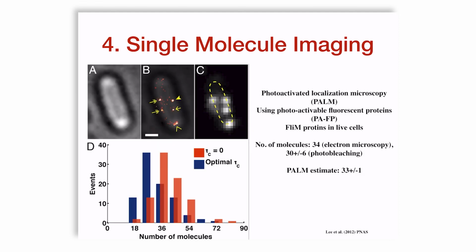So, single molecule imaging can be performed, for example, using PALM, for which we need not a normal fluorescent protein like green fluorescent protein, but photoactivatable fluorescent proteins. Photoactivatable fluorescent proteins are those that are activated with a specific wavelength of light that is not the excitation wavelength, otherwise they are in an inactive state.